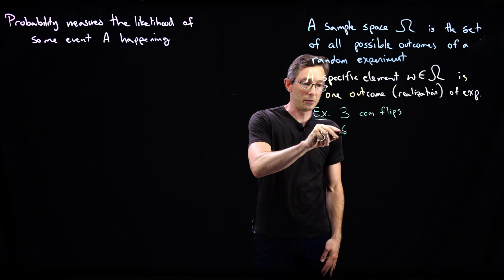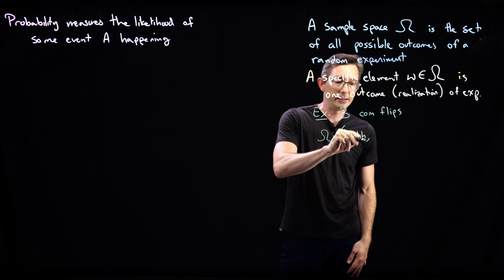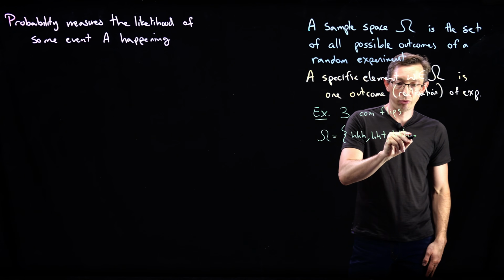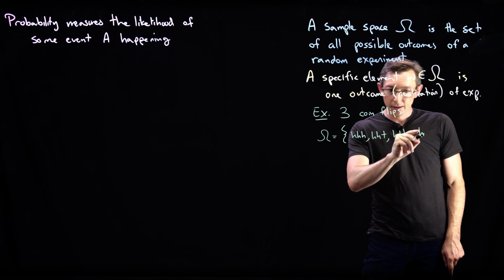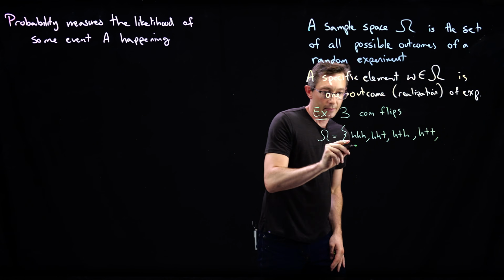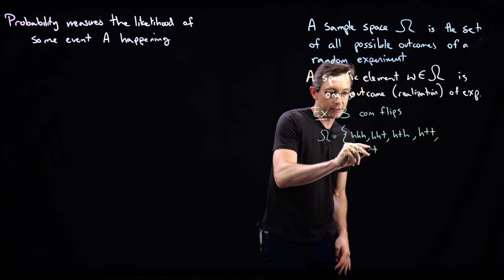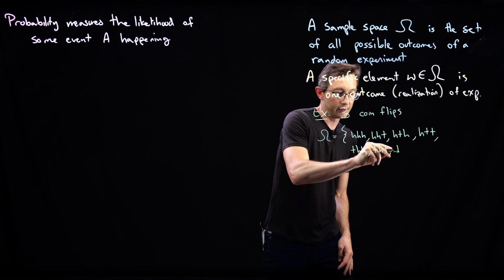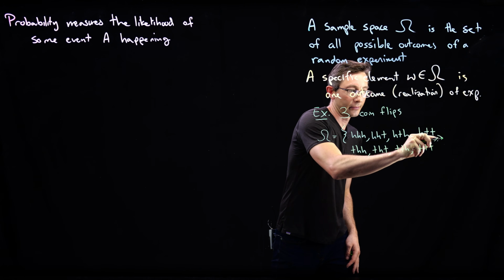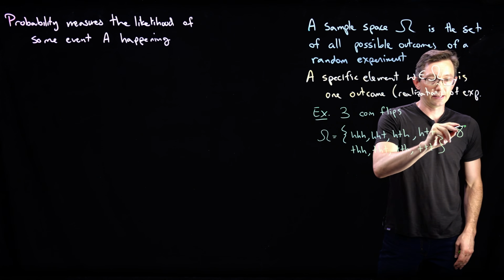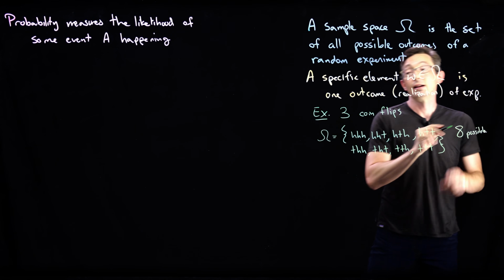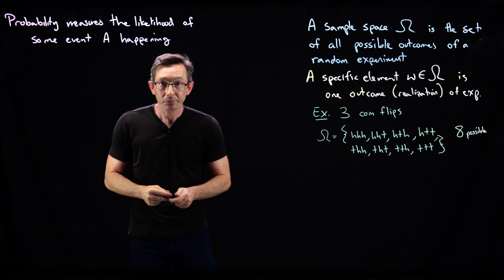So omega equals heads, heads, heads; heads, heads, tails; heads, tails, heads; heads, tails, tails; tails, heads, heads; tails, heads, tails; tails, tails, heads; tails, tails, tails. So there are 8 possible elements of this set omega.